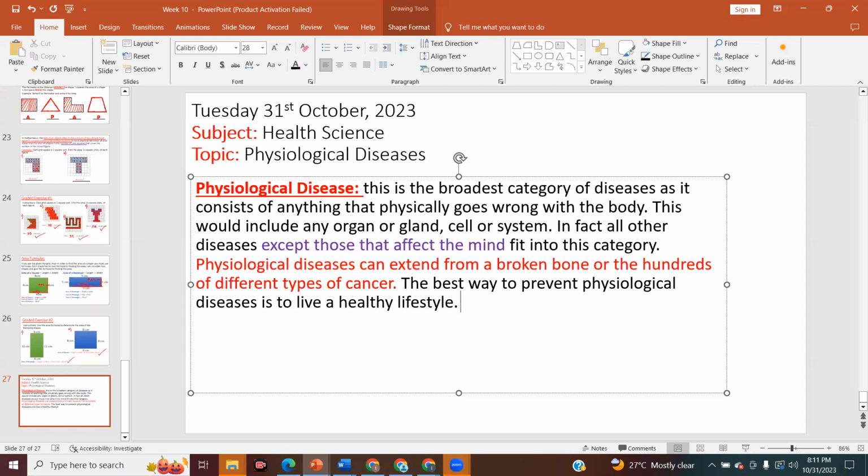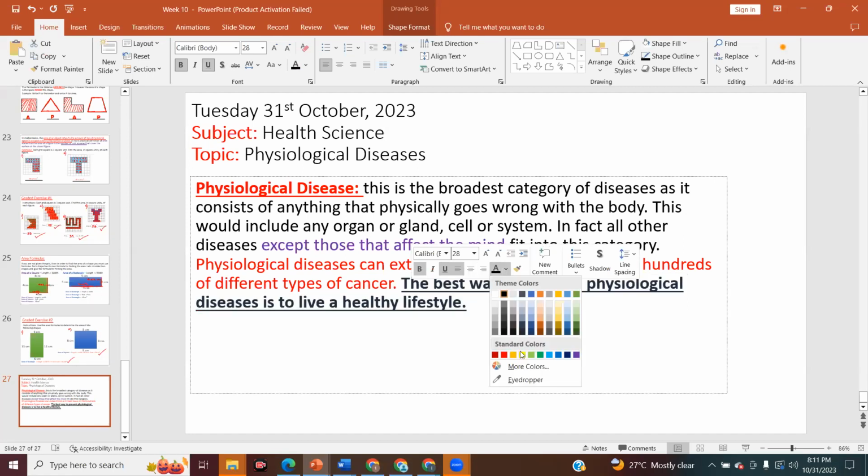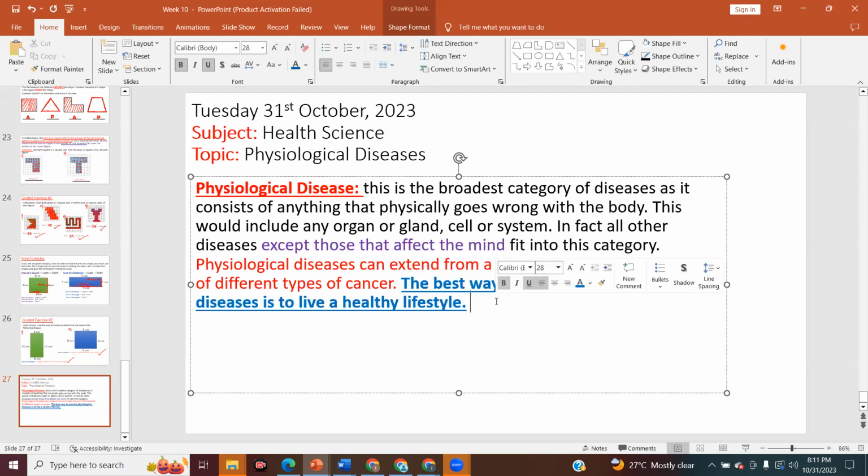That's the best way to prevent getting these physiological diseases. Now, when we say live a healthy lifestyle, what do we mean by living a healthy lifestyle? What does that mean?